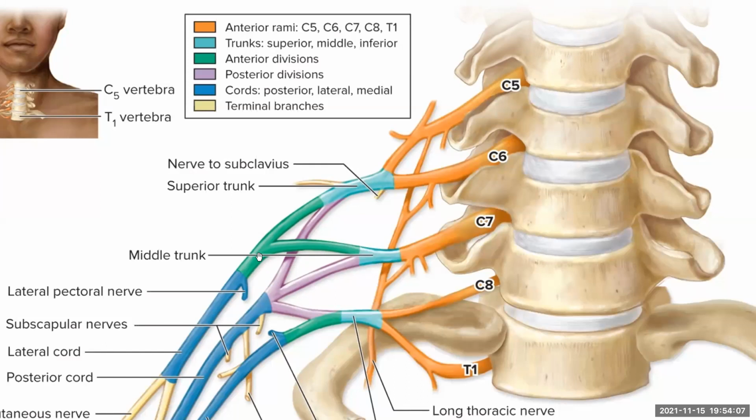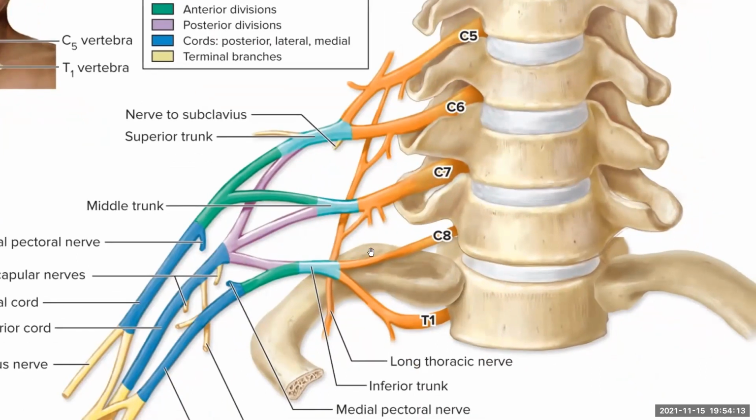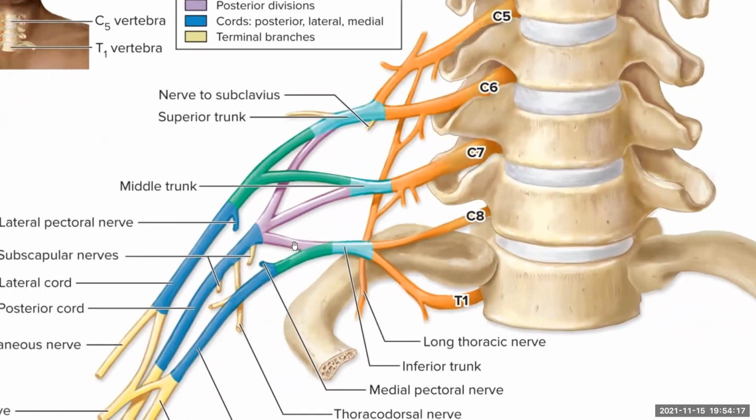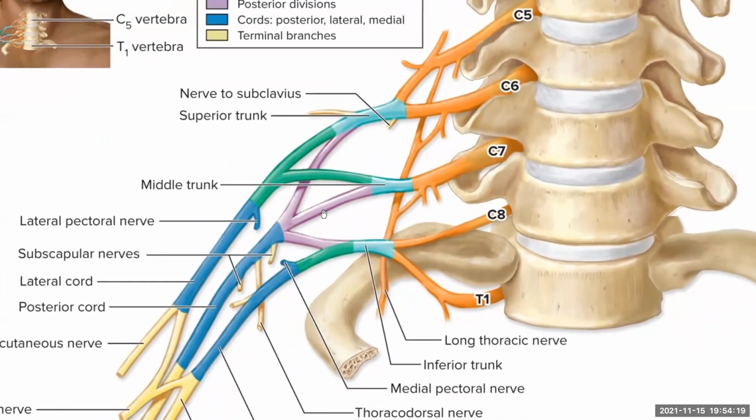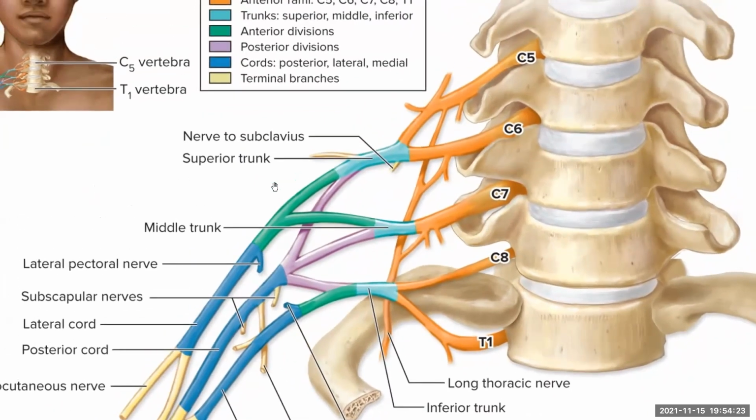Our posterior division gets contributions from all of our spinal cord segments. Oh, I jumped ahead. Okay, so our anterior divisions are going to come off C5, C6, C7, and then our posterior divisions are going to get contributions from all the different segments here.